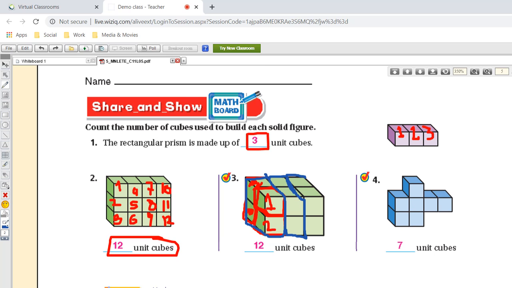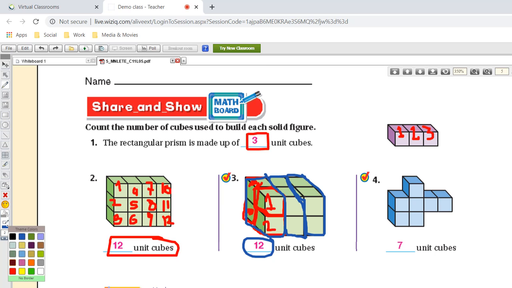The third one is 4 also, so 8 plus 4 equals 12. So we have 12 unit cubes. By the way, these are three-dimensional figures, so you have to imagine how to count it.